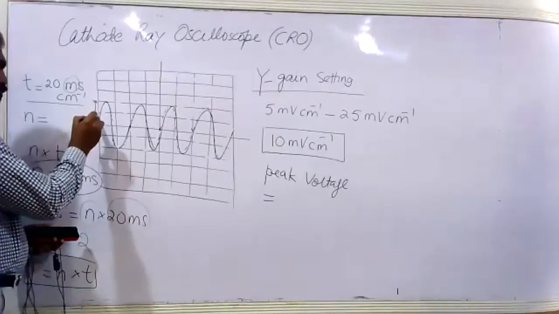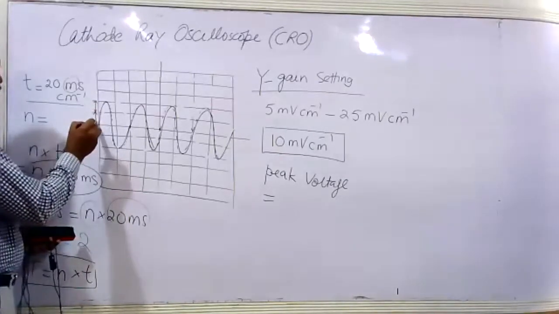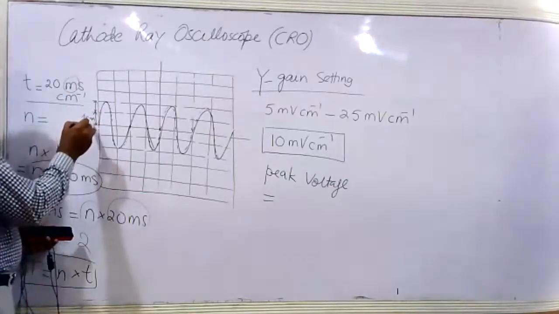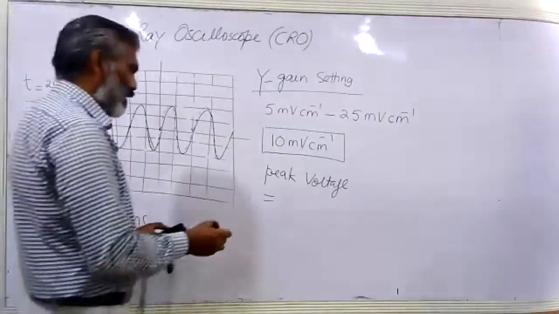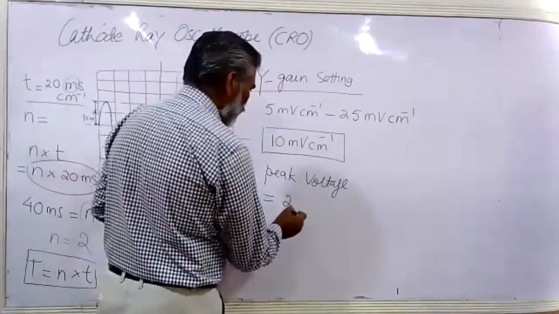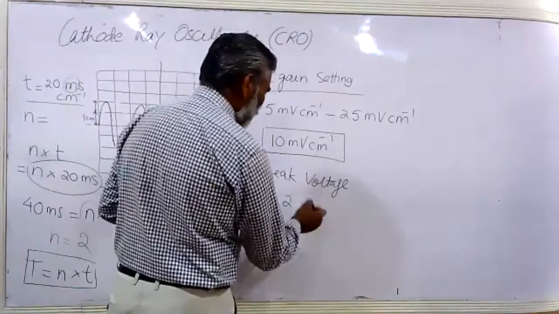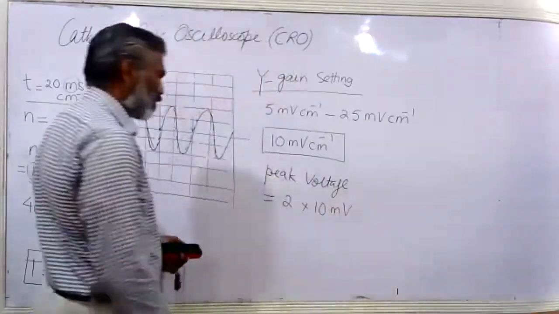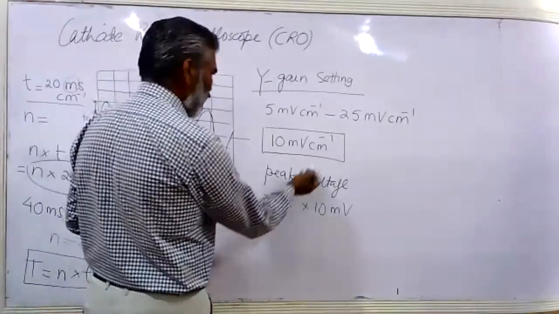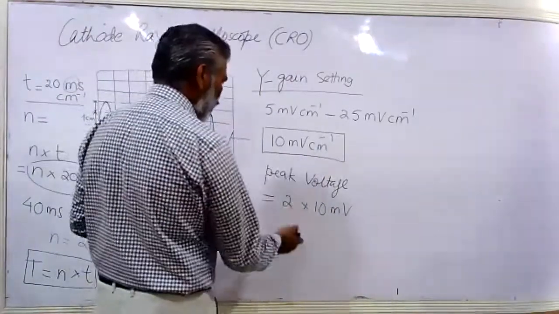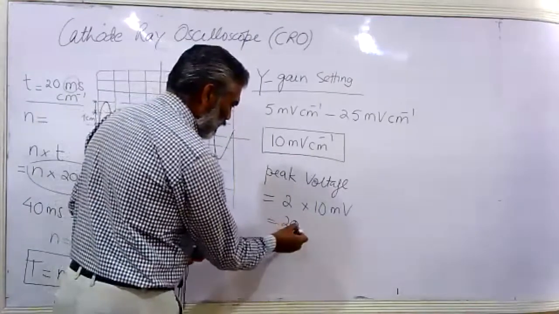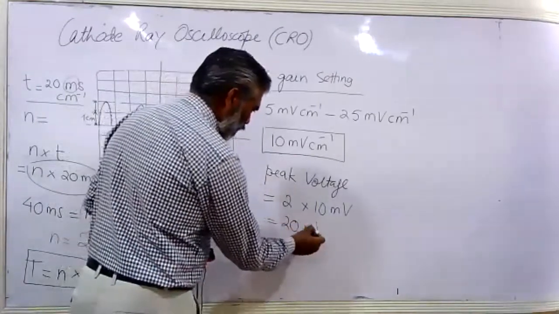So there are two boxes. If this is 1 centimeter, that means 2 centimeters are involved here. So 2 multiplied by the same number, 10 millivolt. Because this is 2 centimeter, that centimeter to the power minus 1 will be cancelled with this. So the product will be 20 millivolt.